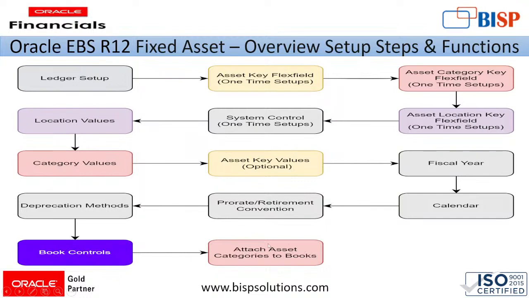In the asset category, you define your depreciation method and prorate conventions, and here you use your category values through the category key flexfield. While defining the key flexfield, you define your category book. So attach your category to the book, right? So we have seen that.